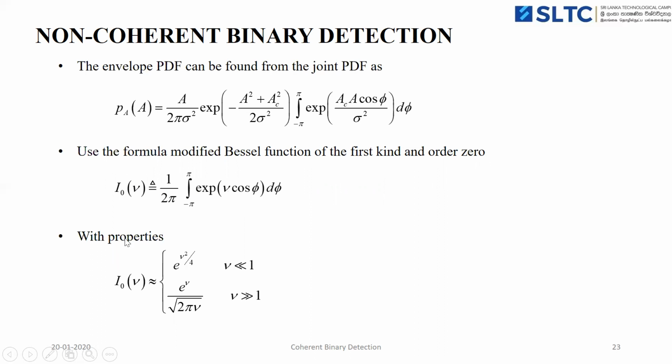We can apply this condition for the modified Bessel function: I0 of v is approximately exponential of v squared by 4 if v is much less than 1. If v is much greater than 1, it will be e power v by square root of 2 pi v. We are assuming v is much greater than 1.